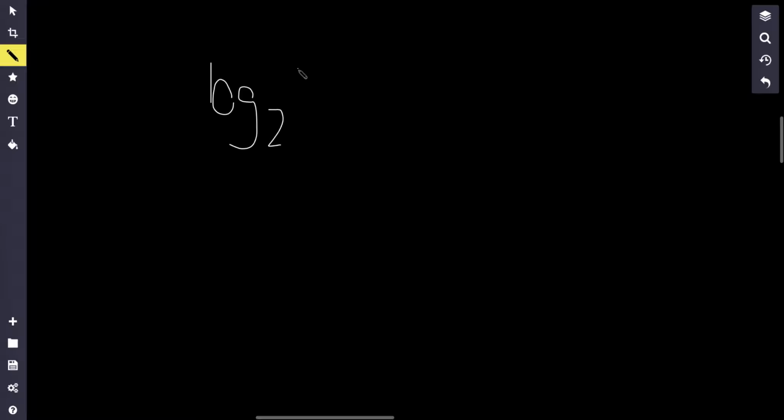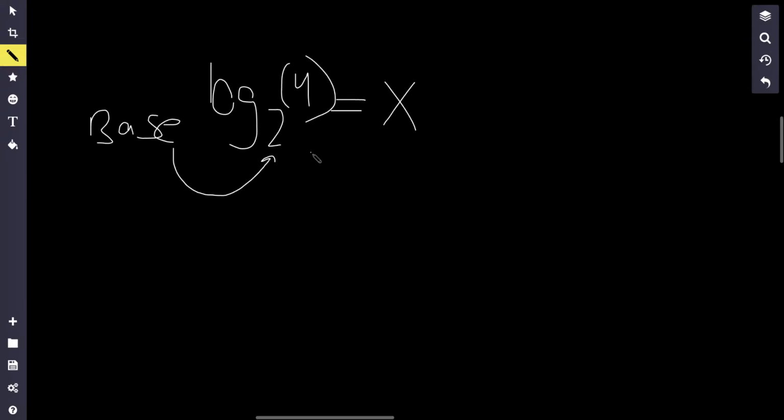Let's talk about some features of logarithms. All logarithms have something known as a base. This right over here is the base of our logarithm.